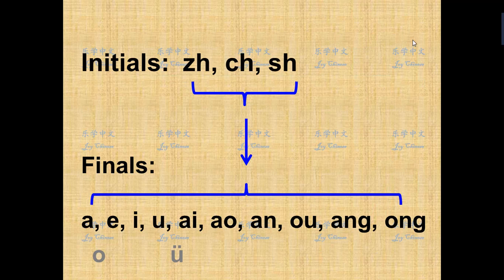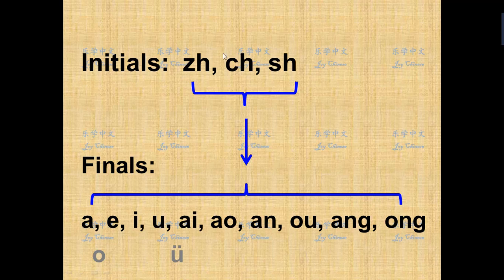So these three initials can be combined with a, e, u, i, ao, an, ang, ong, but not with o and ü.